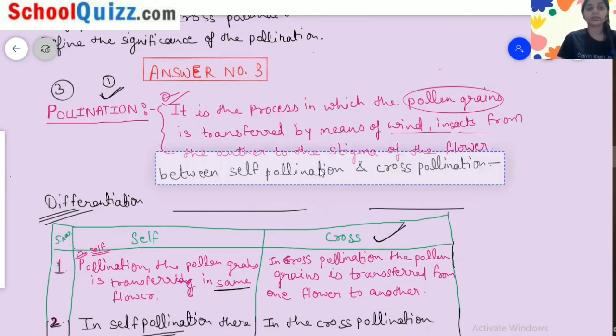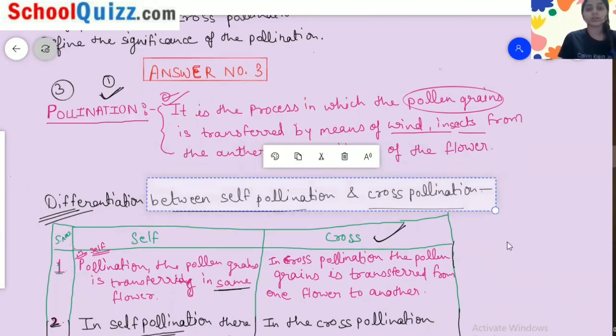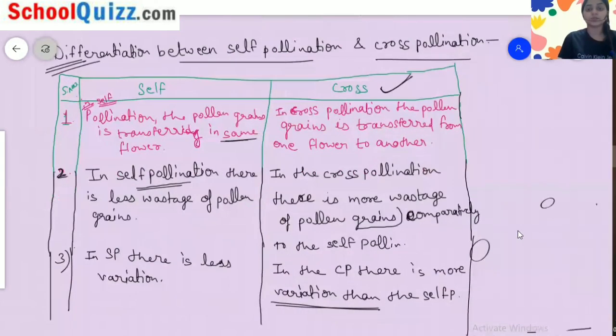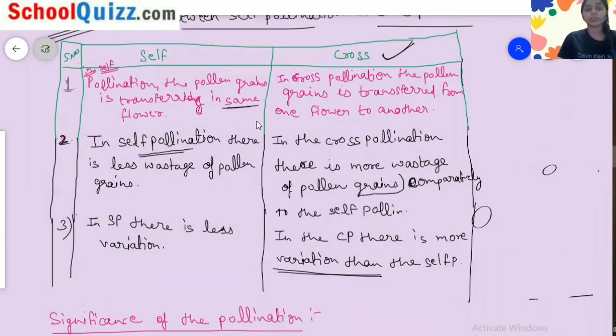Next, we have described self-pollination and cross-pollination. Differentiate between self-pollination and cross-pollination. In the differentiation also, we will write the definition. What is self-pollination called and what is cross-pollination called? So we will write the definition in the first point.